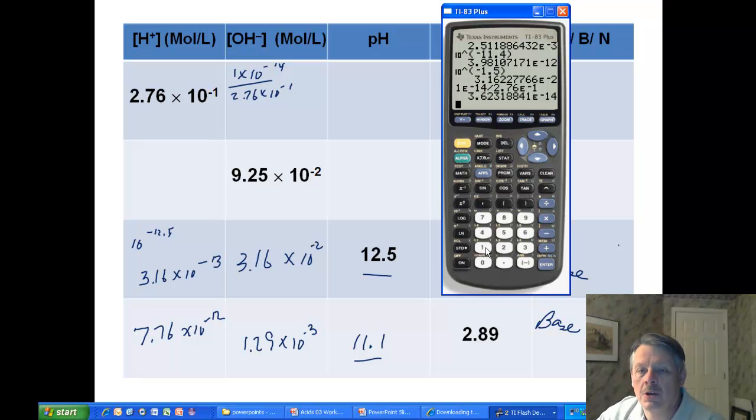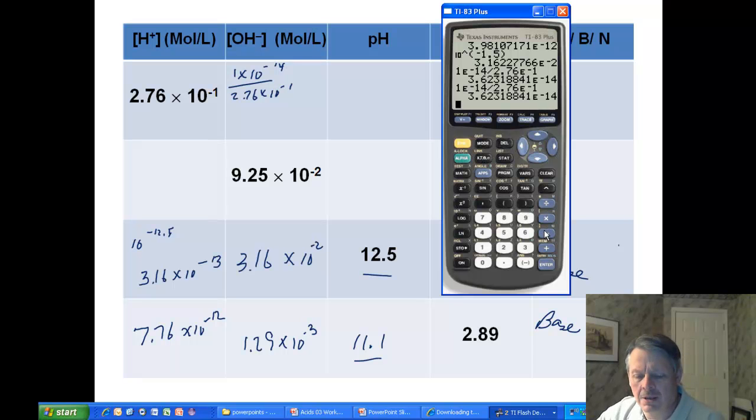Right, so it's 1 EE minus 14 divided by 2.76 EE minus 1. I came up with the same answer.